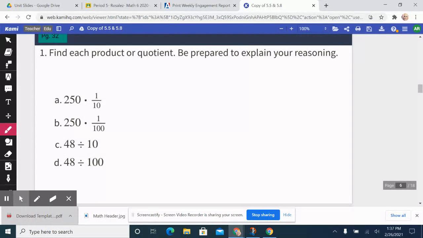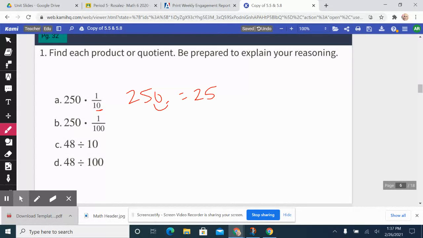So what's happening here is if you have 250 and you're timesing that by 1/10, what you can technically do is you can just move the decimal over one place. So that 1/10 means to the 10th, right? So what I taught you last time is the decimal sits here, you can move it over 1. So what you would write is 25.